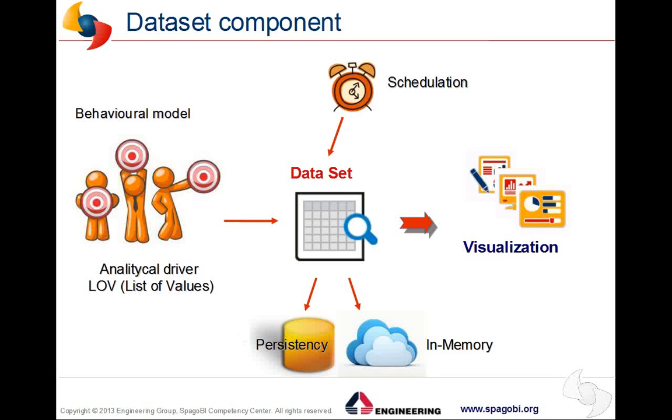So it can influence the query and the data that is extracted from the data sources. So this way you can put parameters in the dataset to change its behavior and the result set of the dataset.